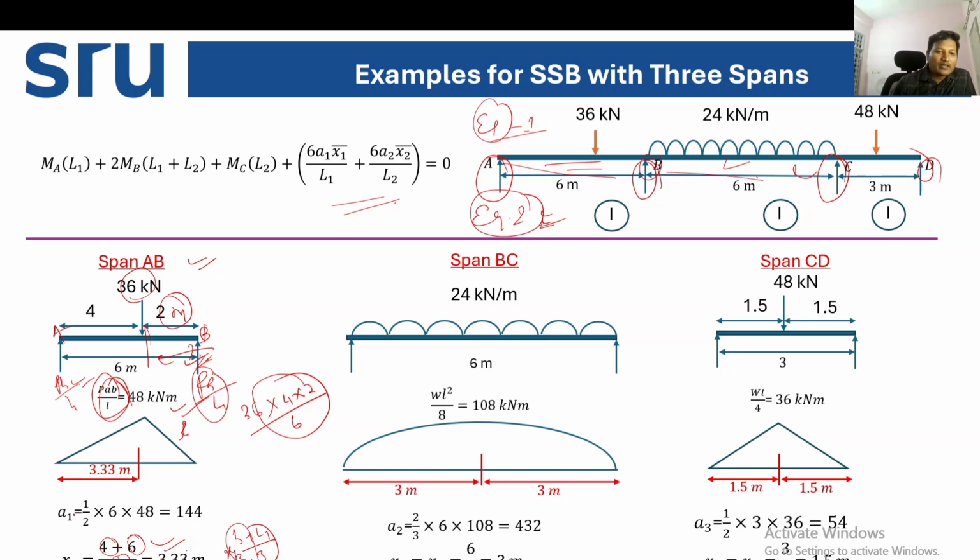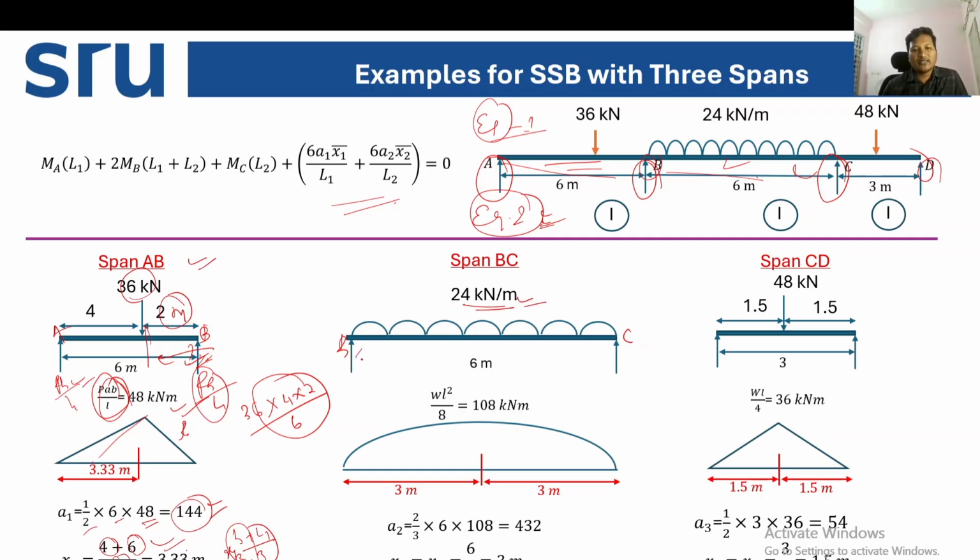So area 1 will be the area of the triangle: half into base, which is 6, into height, which is 48. So we got 144.